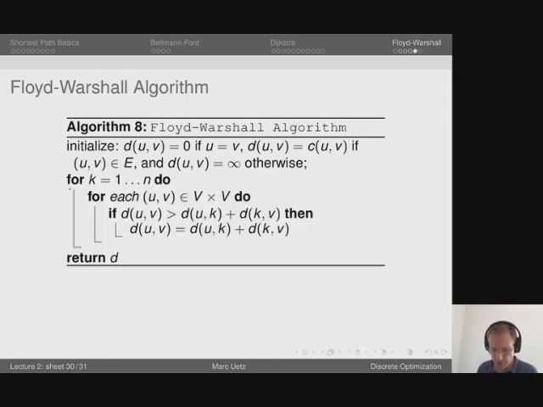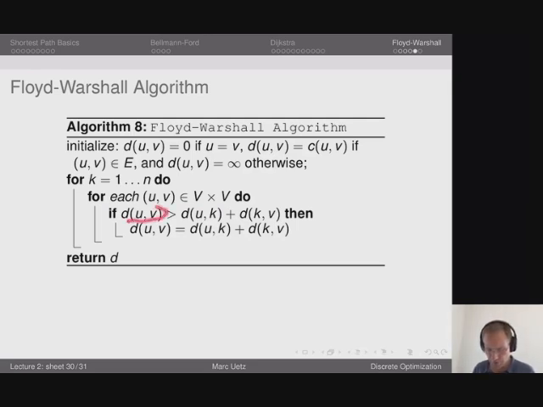We iterate over this for loop here, going from 1 up to n. So this index k just means that in the kth iteration, we are computing values delta k. And in each such round, we go over all pairs of vertices of the graph. And we just check if allowing k as an intermediate node would give an improvement or not.